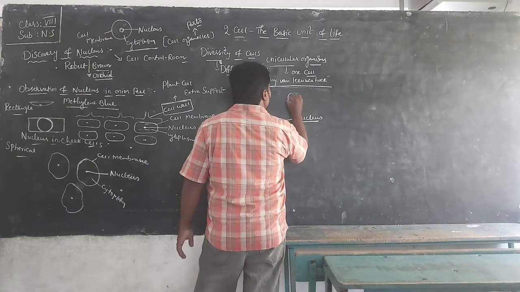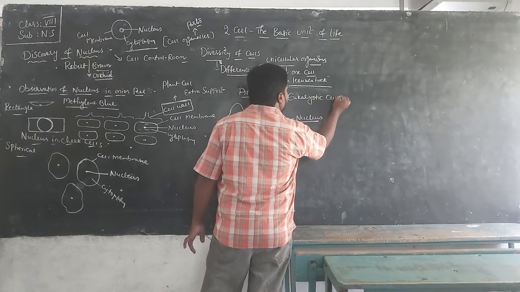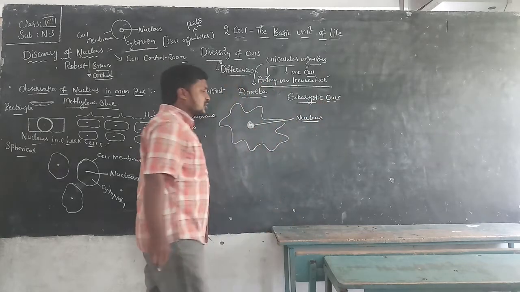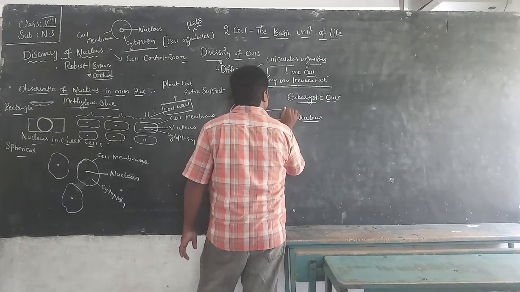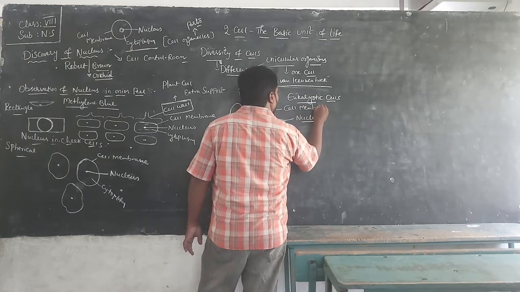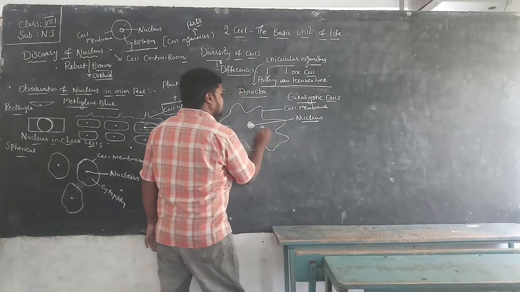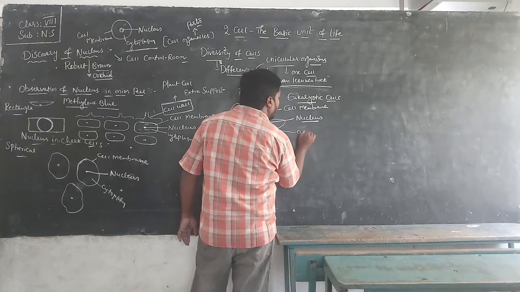Cells which have a nucleus are known as eukaryotic cells. This is called the cell membrane, and the jelly-like substance inside the cell is called cytoplasm.